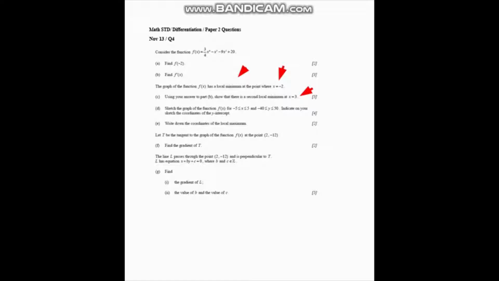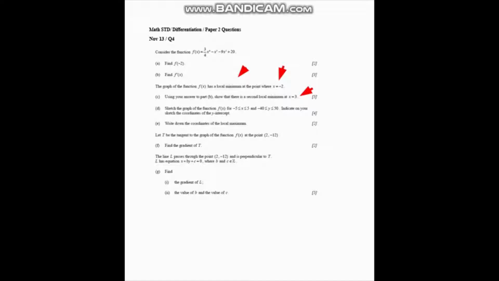So we should know that a local minimum exists when f dash equals 0. However, this applies to both the minimum and the maximum. So we need to prove that f dash of x is 0, and to prove something else that tells me that this point is a minimum and not a maximum.